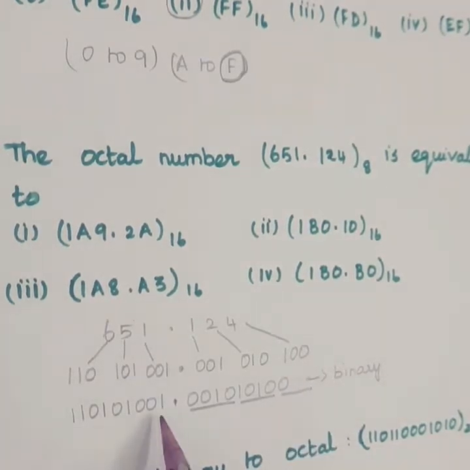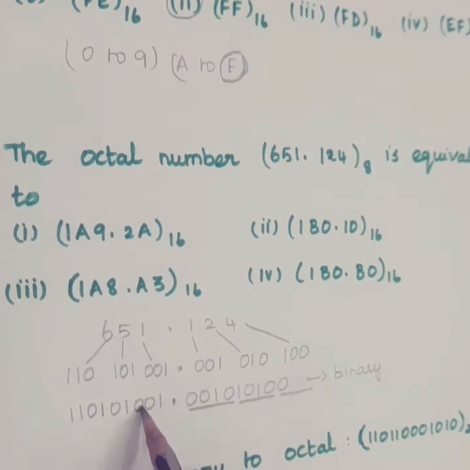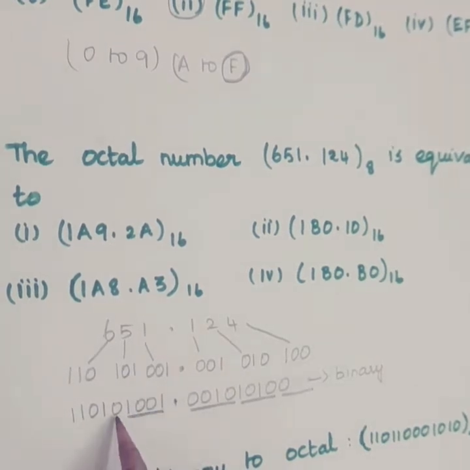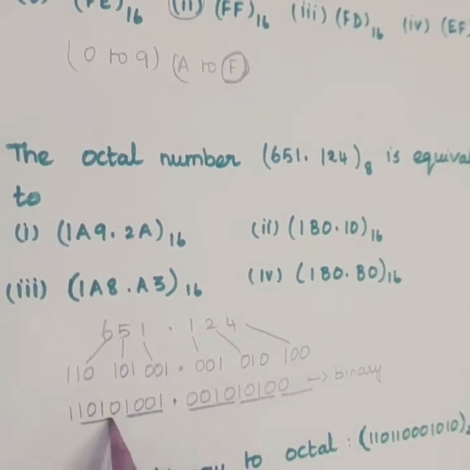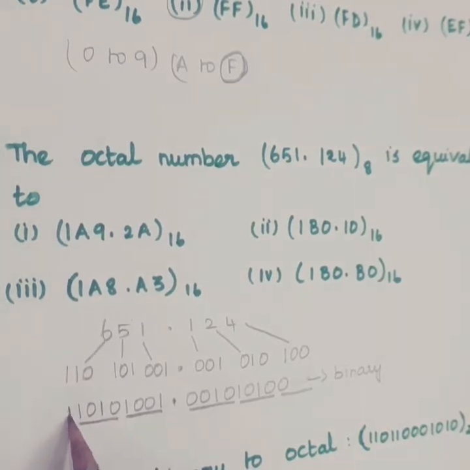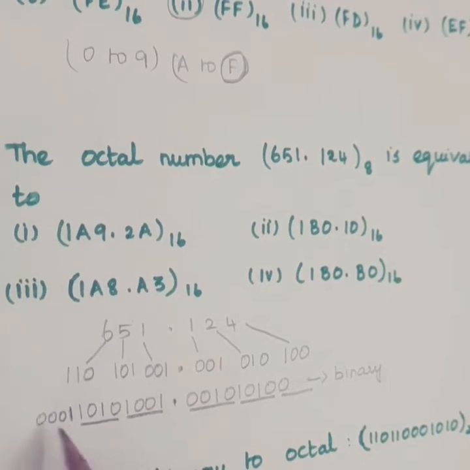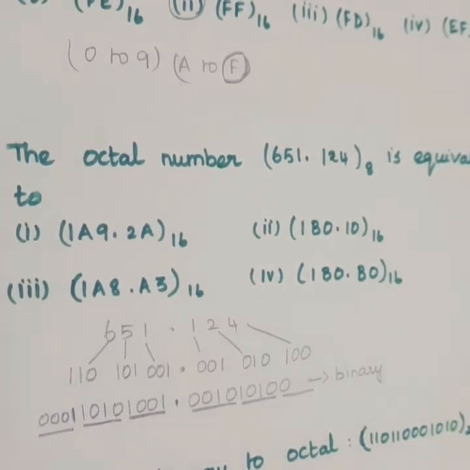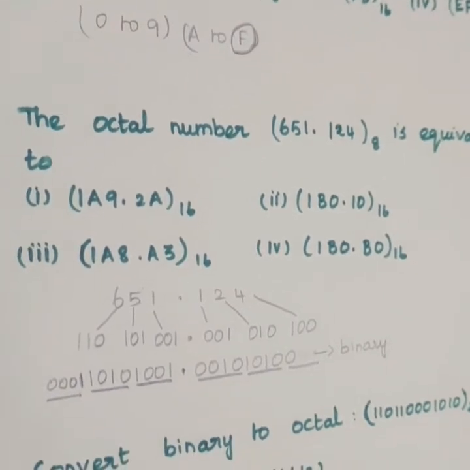Similarly on the left side, 1, 2, 3, 4, this is one group, 1, 2, 3, 4, next one is 1, so to form the 4-bit group you can add 3 zeros.